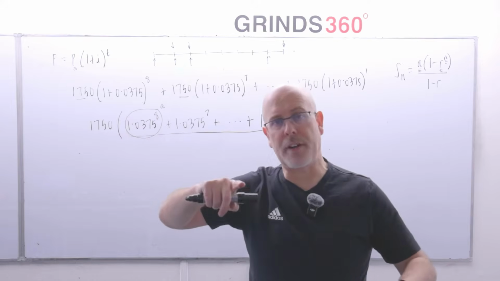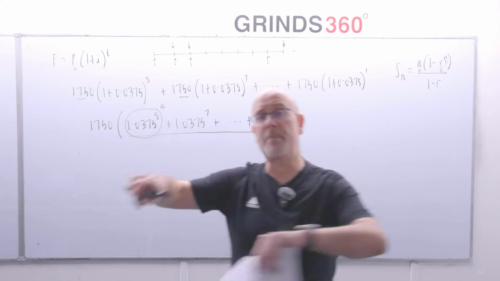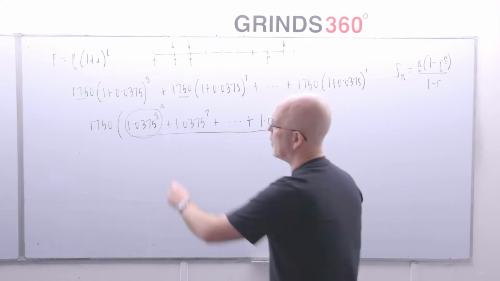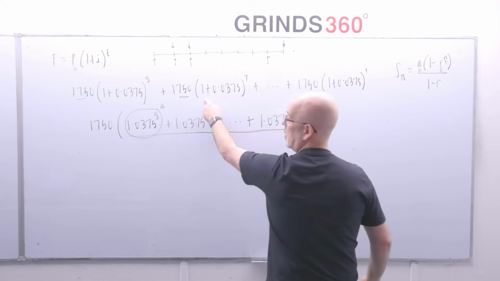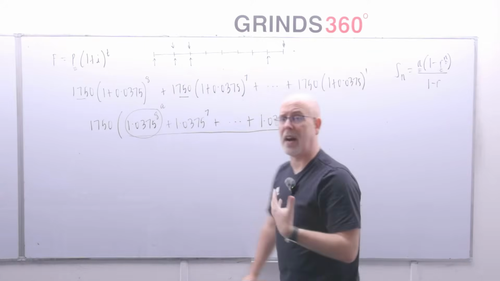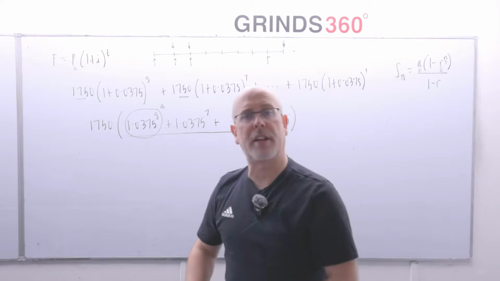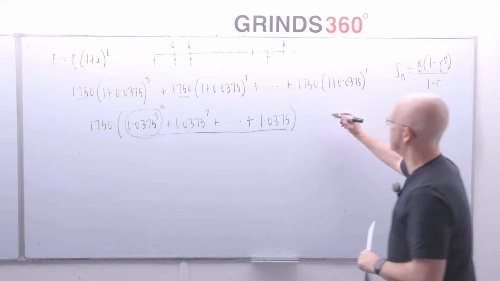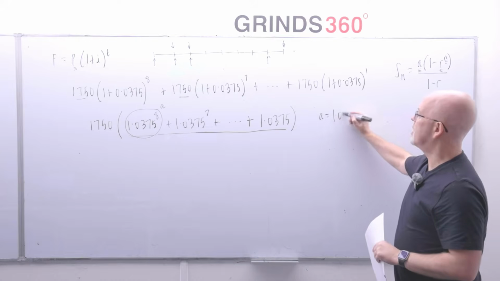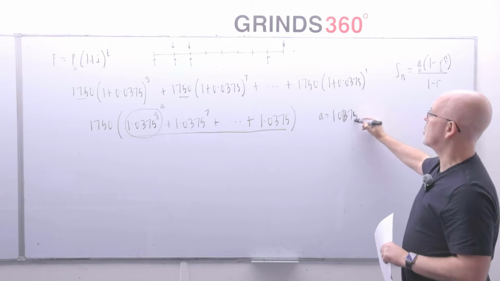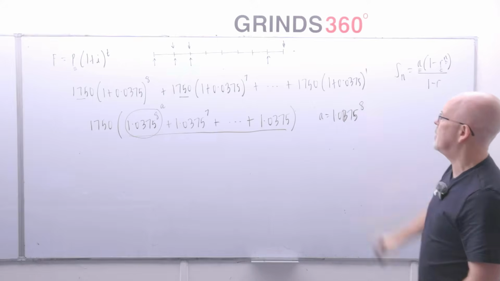Now, the simplest way to find r is take any number and divide by the one before it. That's why when I'm writing out my series, I would always write down the first two terms, then the ellipsis, and then the last one. It's just the first two and the last one is fine for me. I need the first two so I can find r. Because now, A in this case, for this series, is 1.0375 to the power of 8.